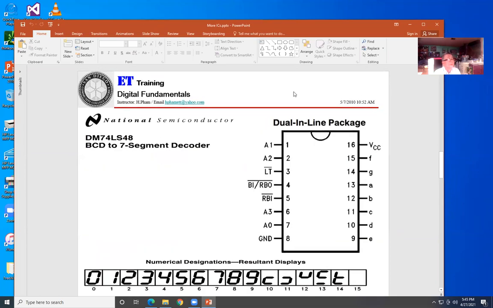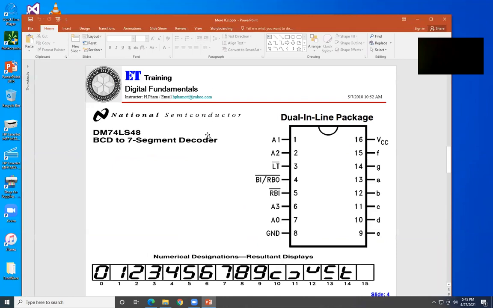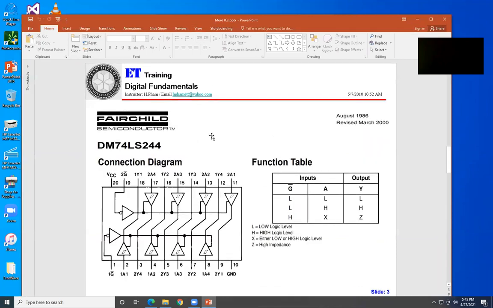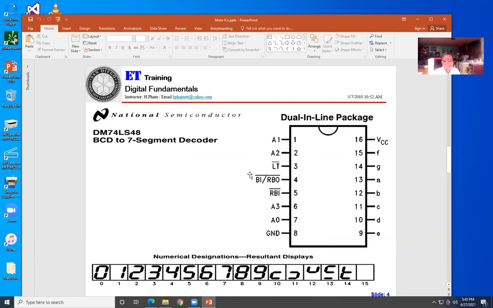244 and 7, did it last time, right? The 244, the 541, and the 7th segment. Okay, 244. If you get a question, just bring it up. Make sure you understand how the IC is working.